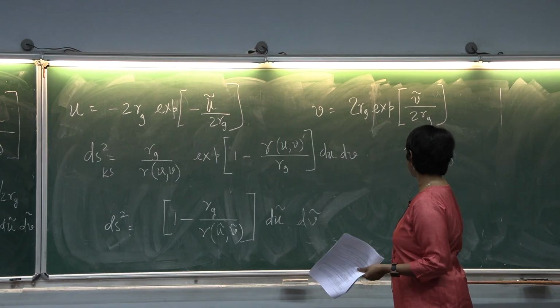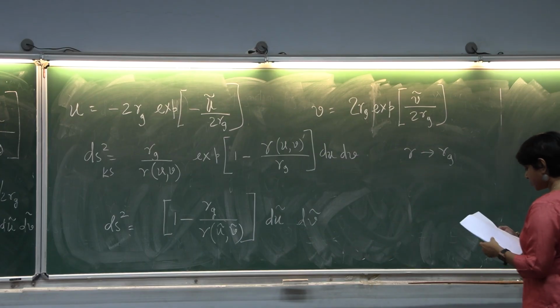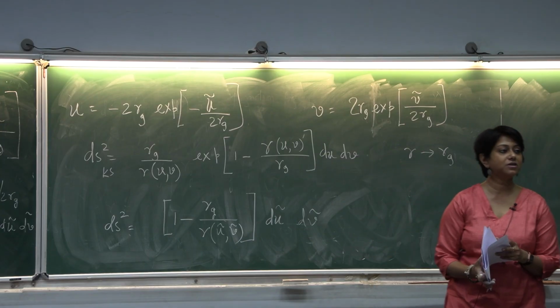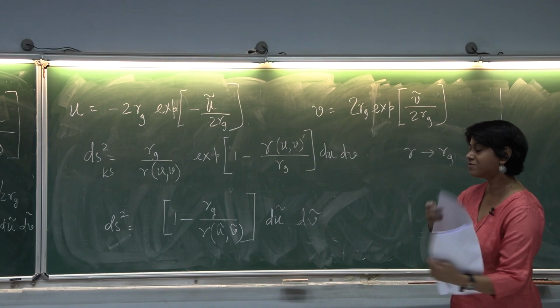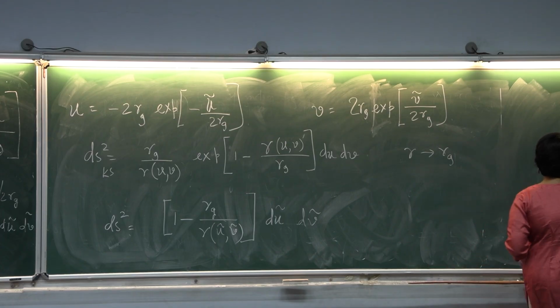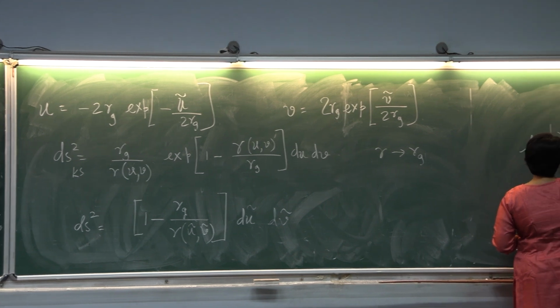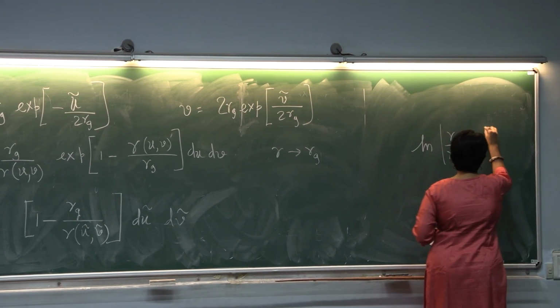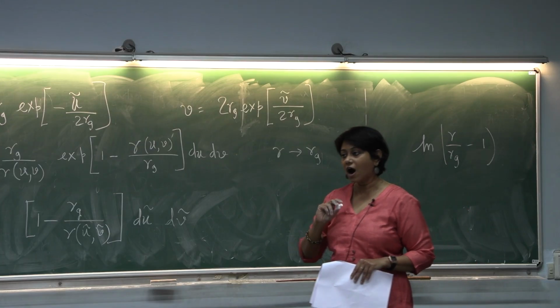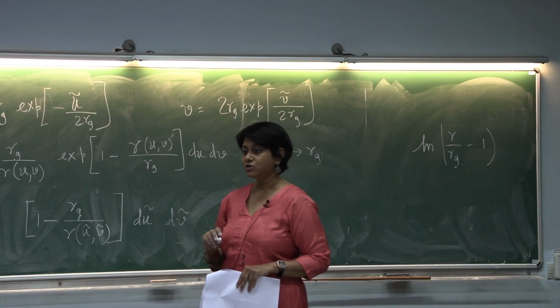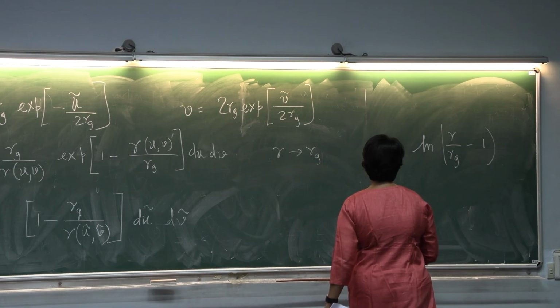If you remember the transformation of the tortoise coordinate, it comes up with a log sitting in there, and within the logarithm argument you have this dangerous factor sitting. So for r going to Rg, the tortoise coordinate exhibits divergence.